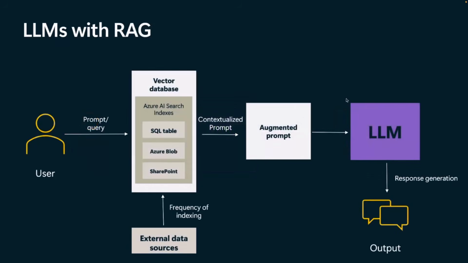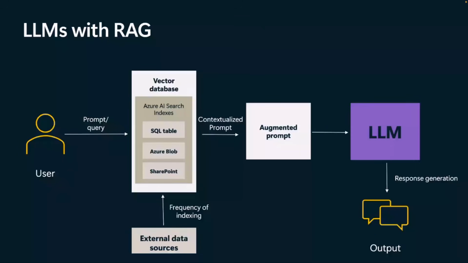Otherwise, it's just going to be basic information. But with RAG, we have more control over the agent response. When the user sends a prompt, before the LLM gets that prompt, it's sent to a vector database. In this scenario, we are using Azure AI Search, and Azure AI Search can index data from our SQL database, Azure Blob, SharePoint, etc. And that sits in a different index.